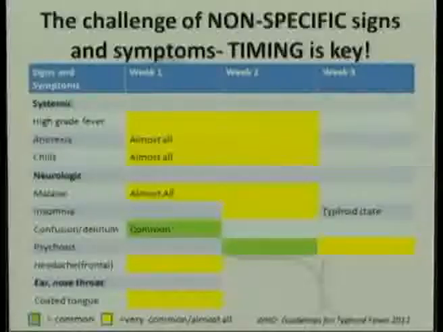Okay, so high-grade fever, anorexia, chills. You may have a bit of a neurologic manifestation, like a malaise. Okay. Then you have your headache, your coated tongue. That patient can have mild cough during the first week. It's very non-specific. No? And then just a bit of GI symptomatology.